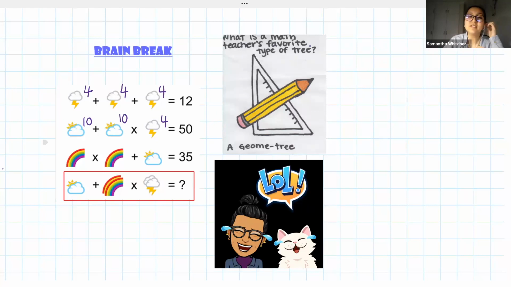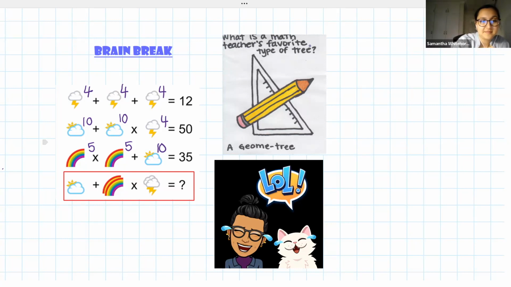Then I did a whole inverse operations thing with this last one here. So I said 35 minus 10 is 25. And because there were 2 of these rainbows, I said 25 divided by 2. Well, not divided by, 25 square rooted since it's times. Nice, good. So I got the rainbow being 5. And that would make the last one at the very end.